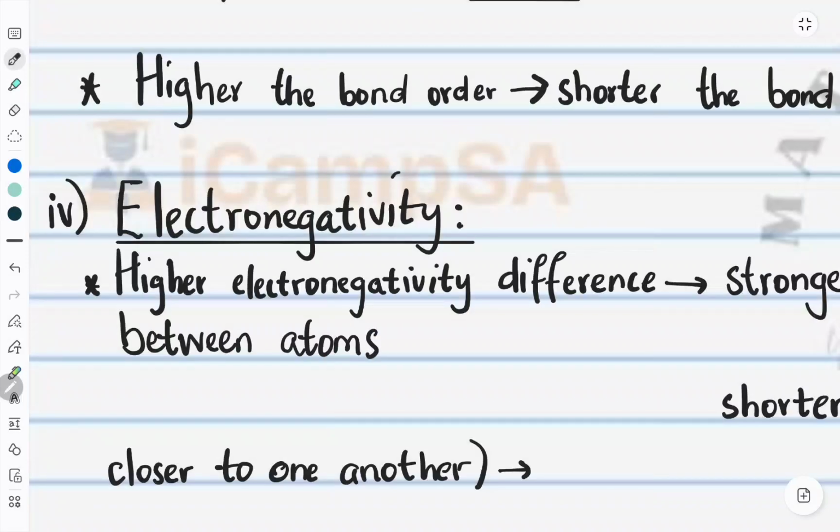So a strong force of attraction is usually attributed as well to a higher electronegativity difference between those two atoms, okay?